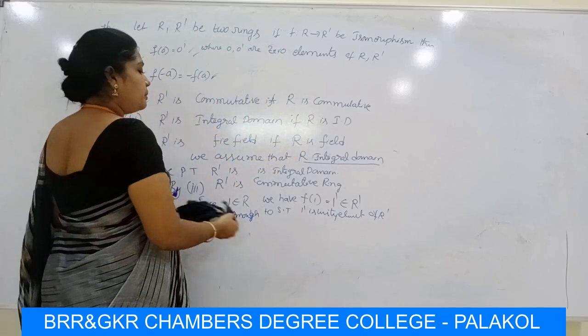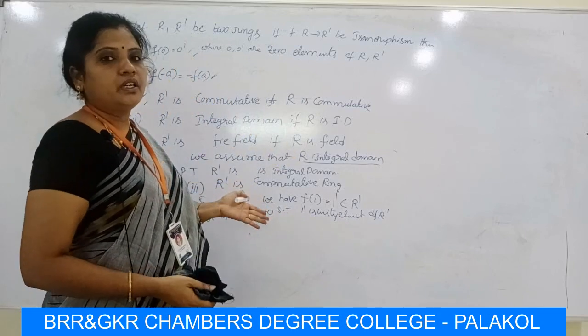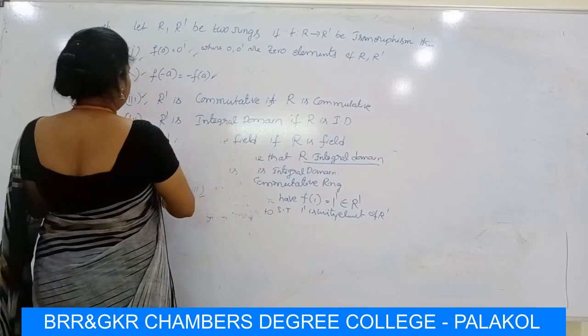So multiply 1' with any element of R', then we get the same element, then 1' is the unity element.